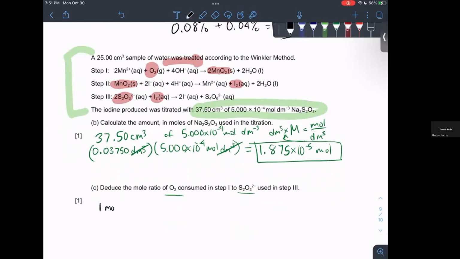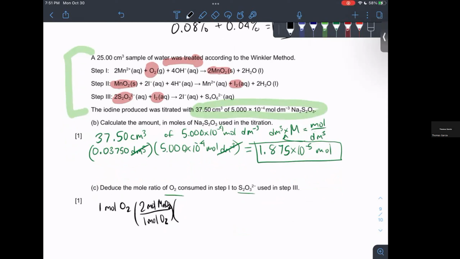I actually love to do this in terms of stoichiometry. If I take 1 mole of O2, I'm going to use our mole ratios to see that 1 mole O2 produces 2 mole MnO2. Whoops, I said O4.